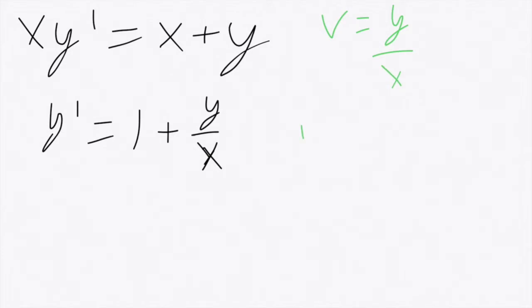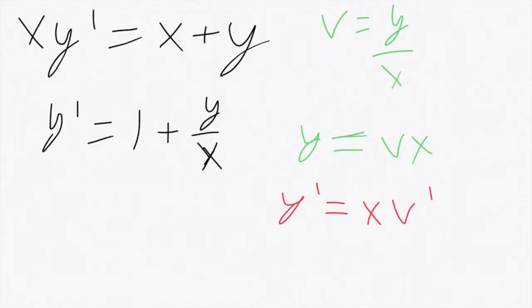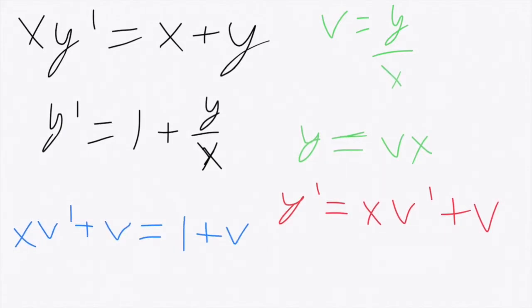We're going to cross multiply to get y equals vx. And we're going to take the derivative of y implicitly with respect to x to get y prime is equal to x v prime plus v. And notice over here we're going to make our substitution. So we're going to get x v prime plus v is equal to 1 plus v. Notice that the v's cancel.